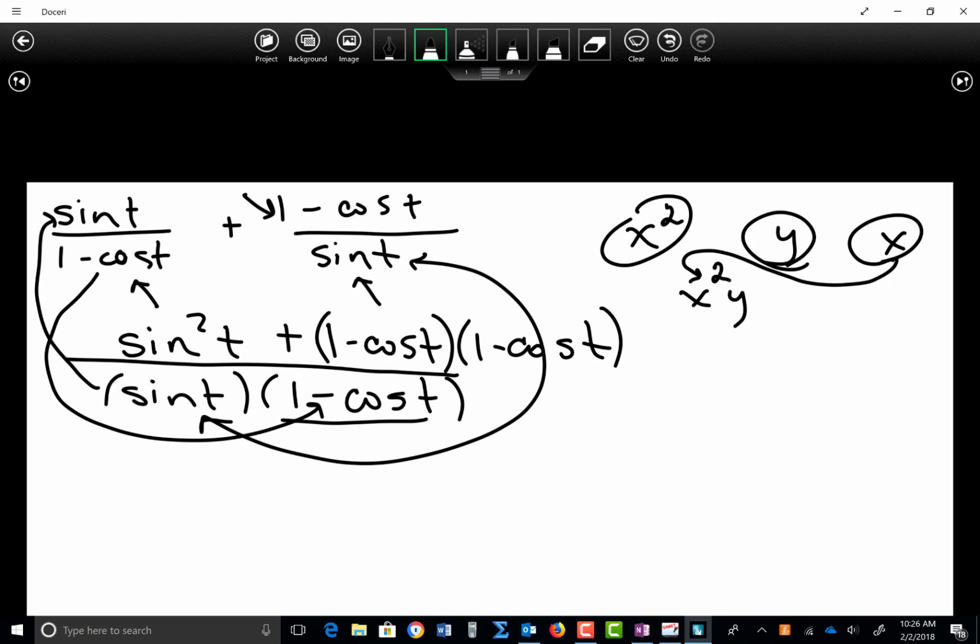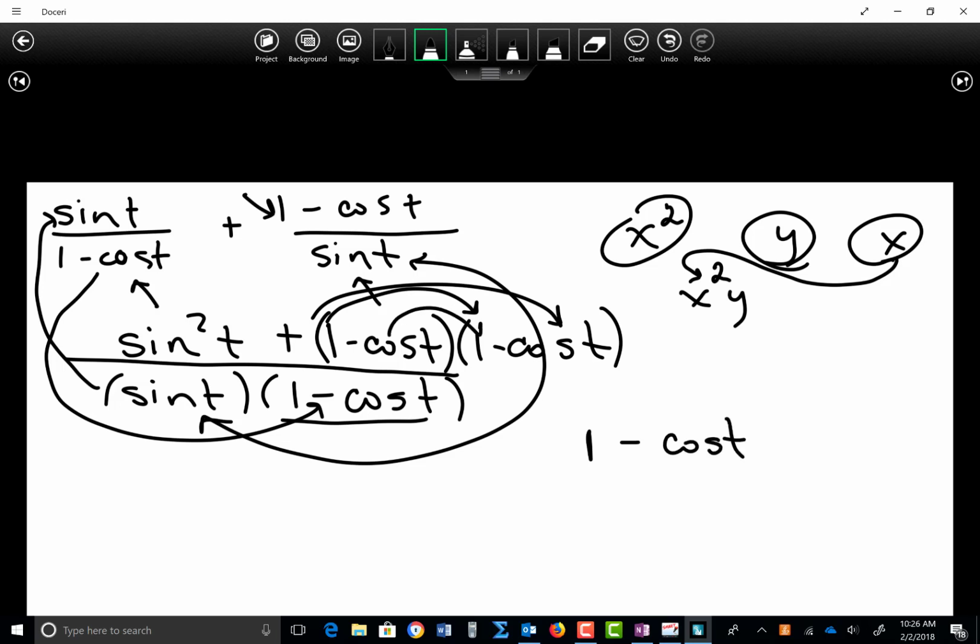So when we do our simplification, we've already simplified the sine squared, but we need to simplify this by multiplying. You can FOIL, you can distribute, whatever you need to do, but 1 times 1 is 1. 1 times minus cosine is minus cosine.